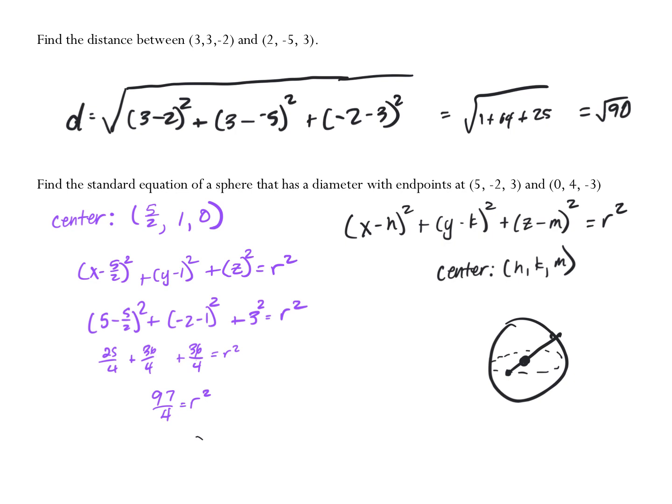So I turned the 9s into 36/4. Are we good? And let's see.